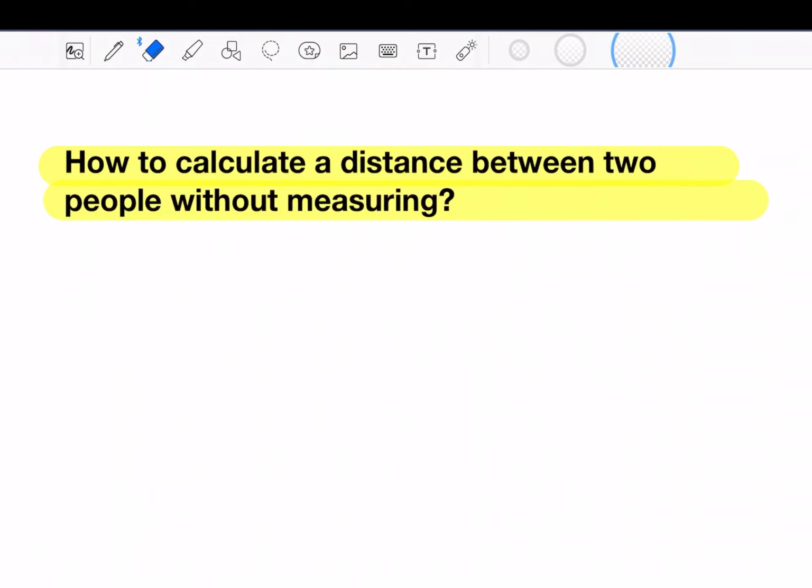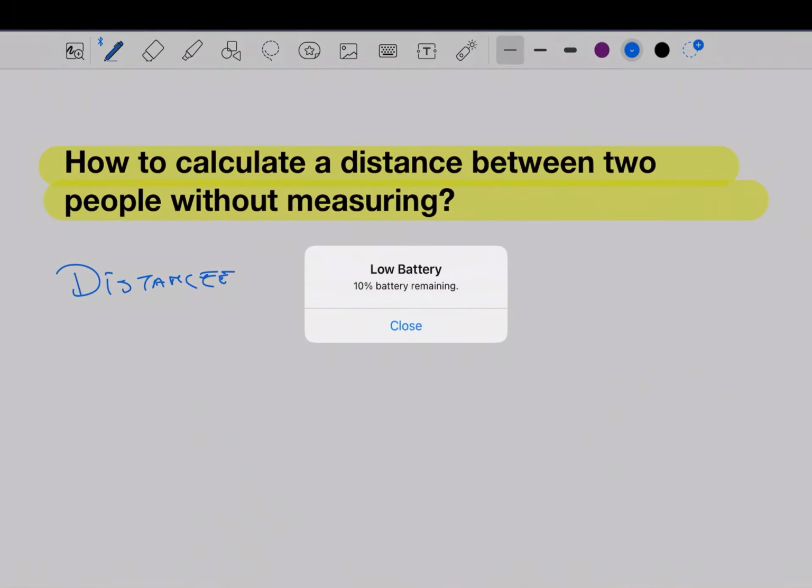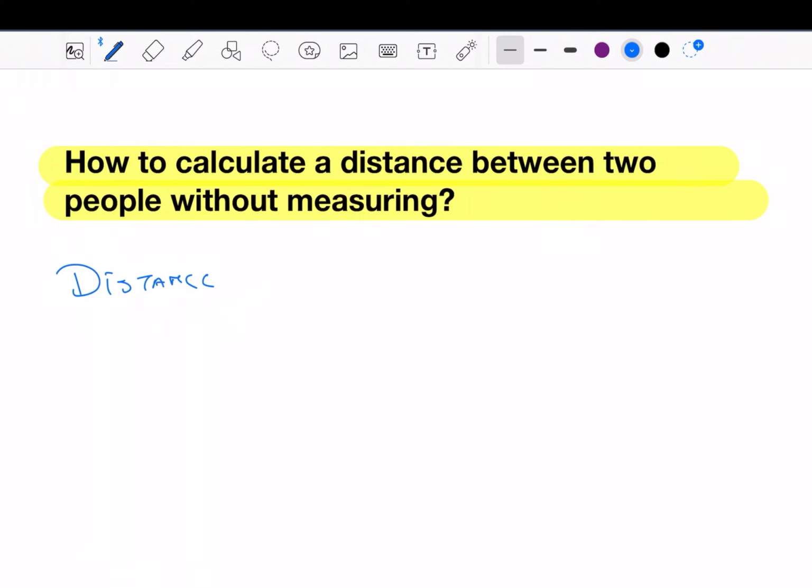So with this problem, I want us to use what you call the distance formula, right? So let me just write it down. Distance formula. So the distance formula says, let's say you have point A and point B, right?